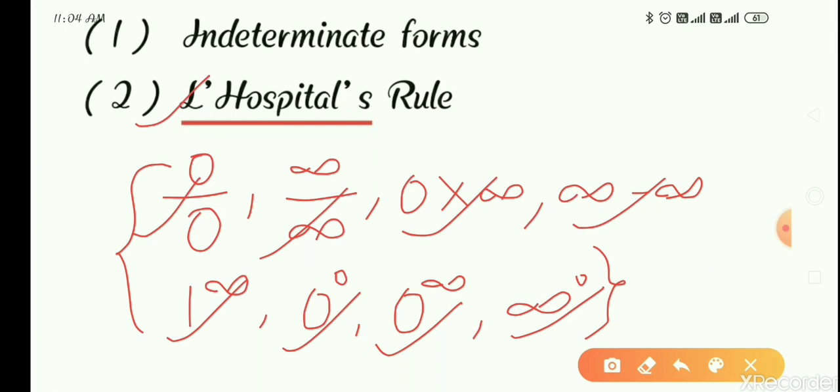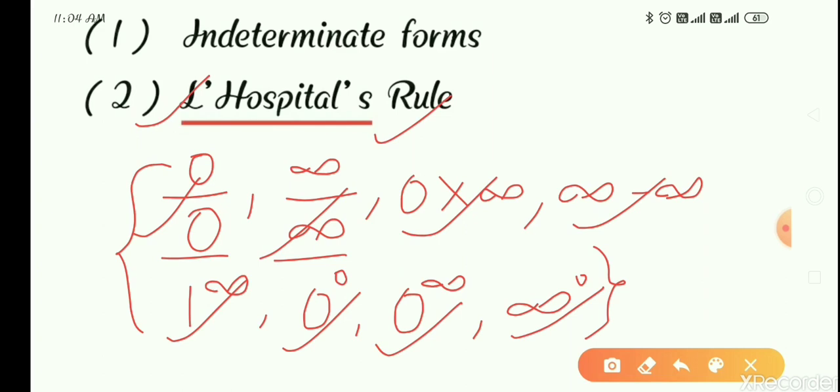One more time I am telling you, if on direct substitution you get any one of these indeterminate forms, then to find the limit of such functions we apply L'Hospital's rule. How to apply L'Hospital's rule? I told you in class 11th. One more time I will tell in class 12th, here also in this video. But first of all, keep in mind 0 upon 0 and infinity upon infinity are indeterminate forms.